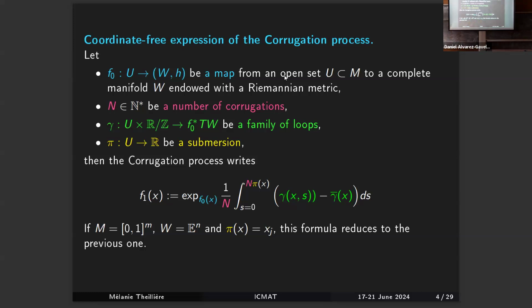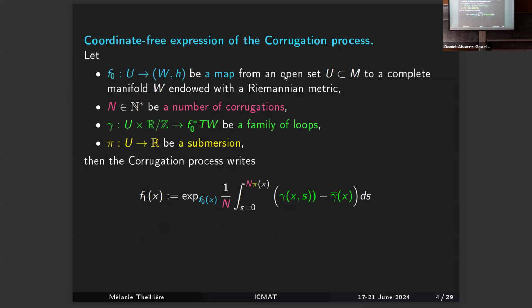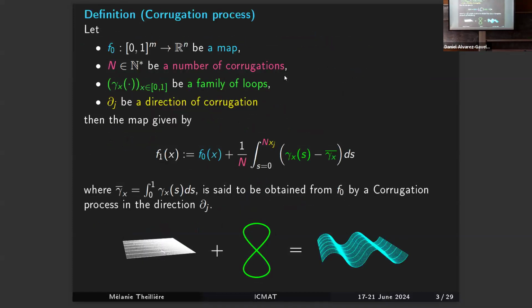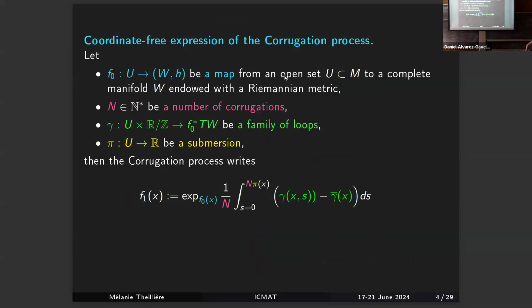Can I have a question? Yeah. So in the previous slides, the family of loops only depended on one parameter, and here it depends on all of you. So here we have still, okay, right. So x no longer belongs to [0,1]. So x belongs to the manifold, let's say, and we have another parameter which encodes the one periodic parameter. So in fact, when we look at this, we have x which belongs to U. In fact, it's no more an index. So we have the parameter u, and we have the one periodic parameter.